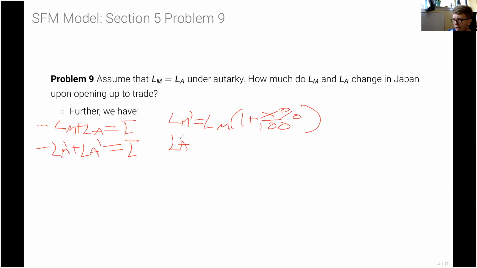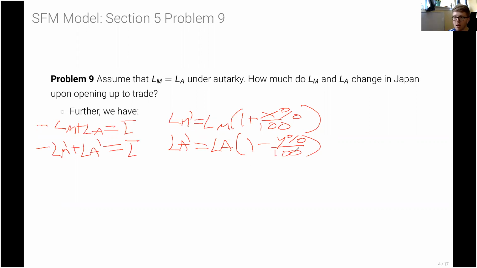Likewise, we're going to have that LA prime is going to be equal to LA, if we can assume that LA might decrease, because that's going to be the factor in which we don't have a comparative advantage. And so we're going to say that LA prime is related to LA by just reducing by Y%.